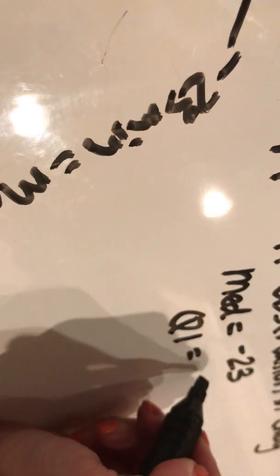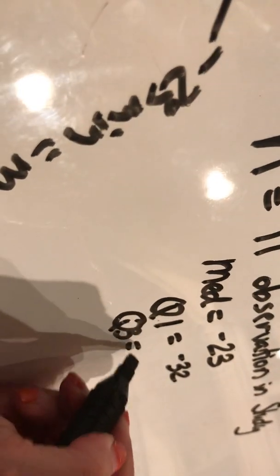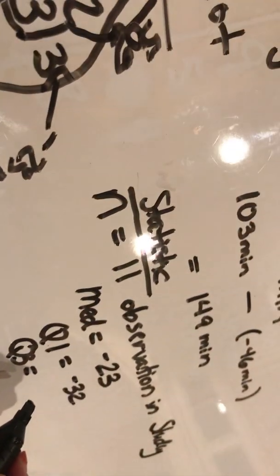So just to put this down, so we've got some more stats here. We, without the calculator, have found our median. The midpoint was negative 23 minutes. We found our Q1 to be negative 32. We found our Q3 to be 11.